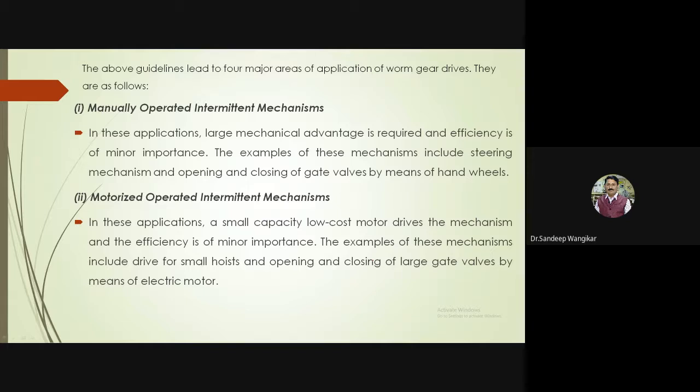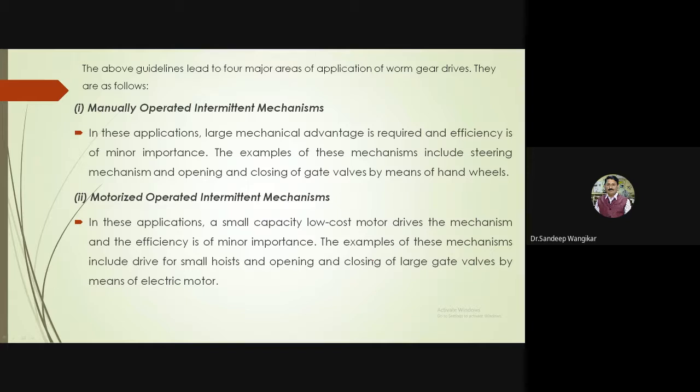Next, we will discuss the second, motorized operated intermittent mechanisms. In these applications, a small capacity, low cost motor drives the mechanism and efficiency is of minor importance. So here the application is the same, but instead of manual operation, a motor is used for operating, therefore it is called motorized.